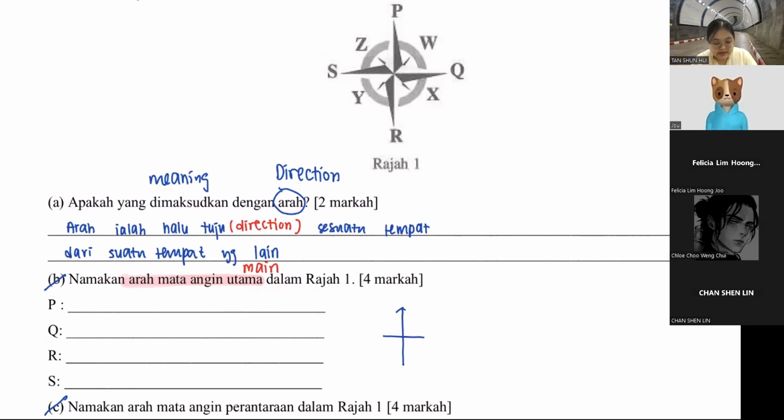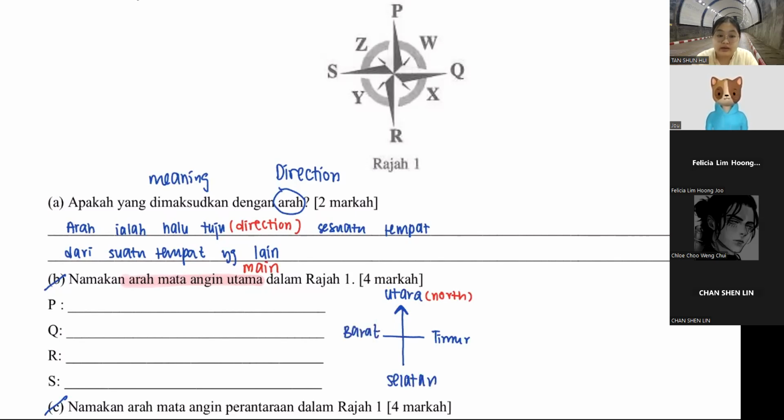If they give me in exam, if they draw these arrows, then on top definitely will be utara. Where's utara? The north. So utara followed by timur, followed by selatan, followed by barat. All right.